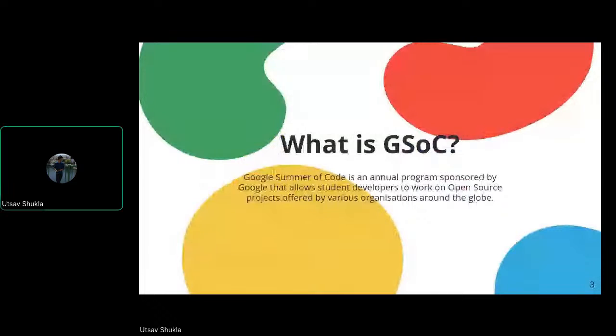Since you are applying to GSoC and it's already April, I think most of us are already aware of Google Summer of Code. But it is an open source program funded by Google, in which organizations request funding to fund developers to contribute to their projects.